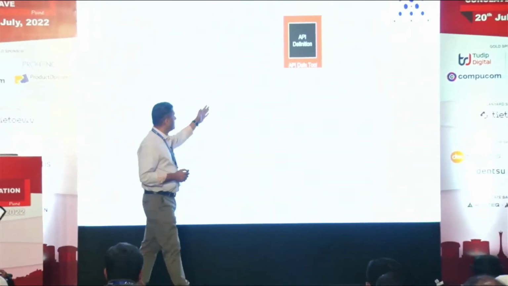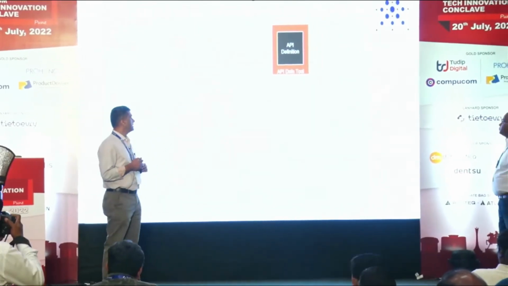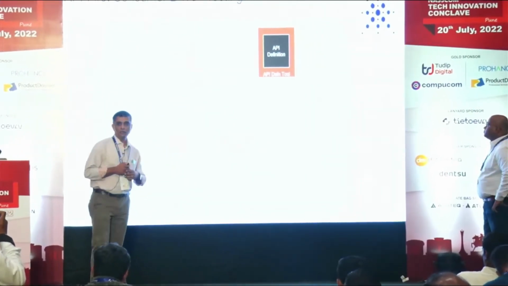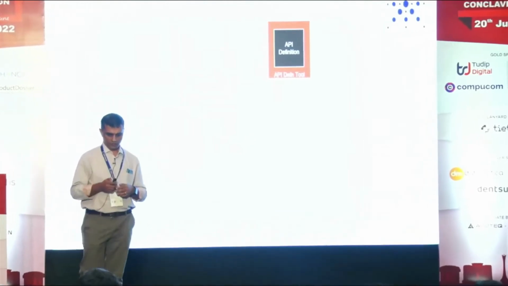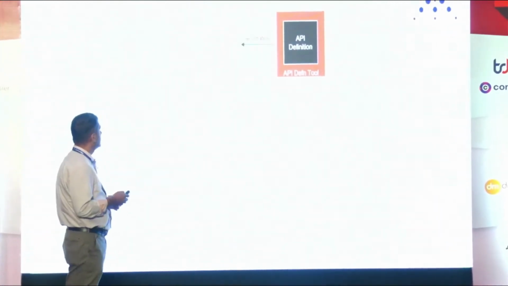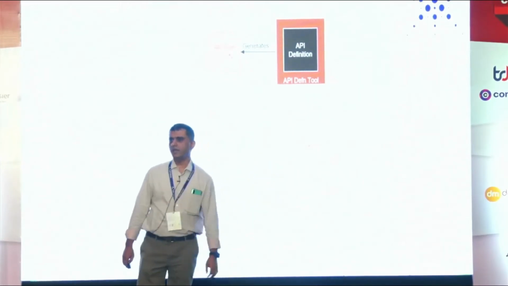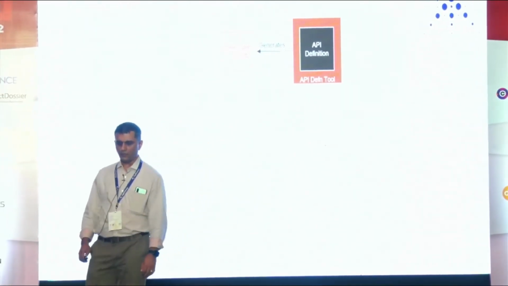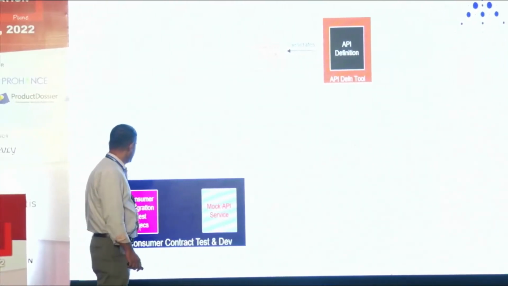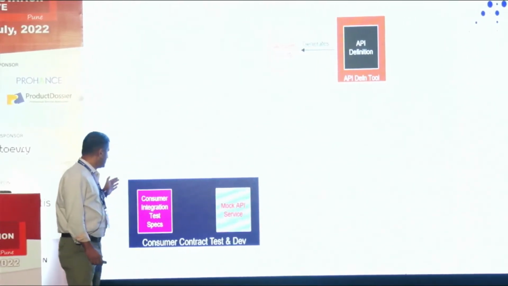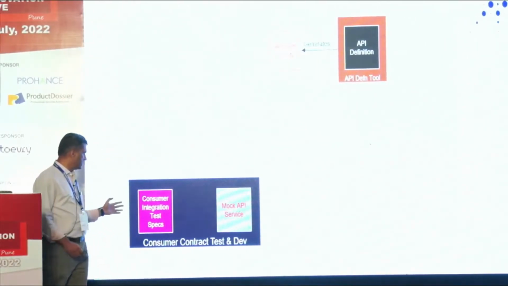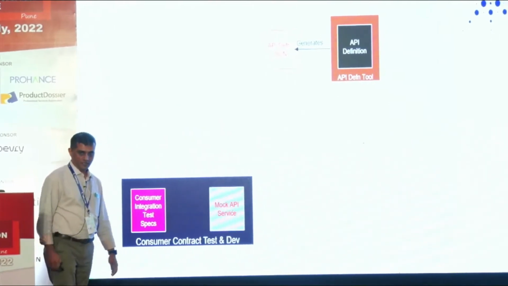So first, I write my API definition using API definition tool, which automatically generates API definition JSON. After this, I write my consumer integration test specs and my mock API service.